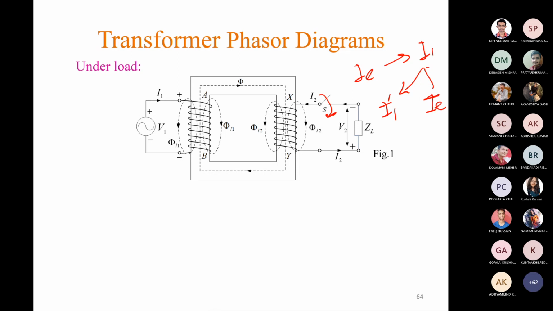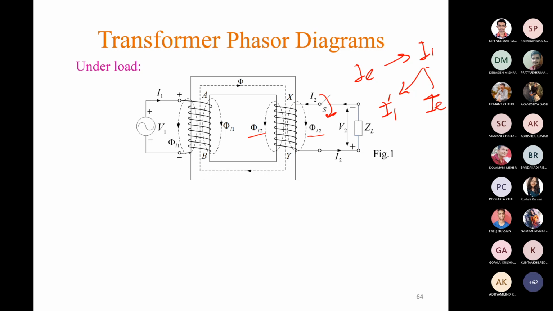Since there is some current flowing through the primary winding, it will produce its own MMF and its own flux also. That flux is demagnetizing in nature to that of the mutual flux, and there will also be some leakage flux on the secondary side. That leakage flux is phi L2, and the behavior of phi L2 and phi L1 are similar. It does not involve any hysteresis loop because its path is mainly through air.